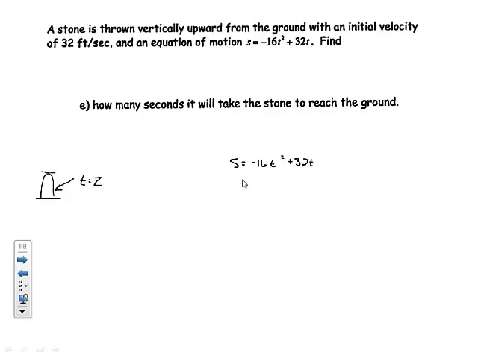Well, the height of the ground is 0. So if I set this equation equal to 0 and solve it, I'm going to factor out a negative 16t, which leaves me t minus 2 equals 0. And I solve that, I get t equals 0 and t equals 2. So 2 seconds to reach the ground.